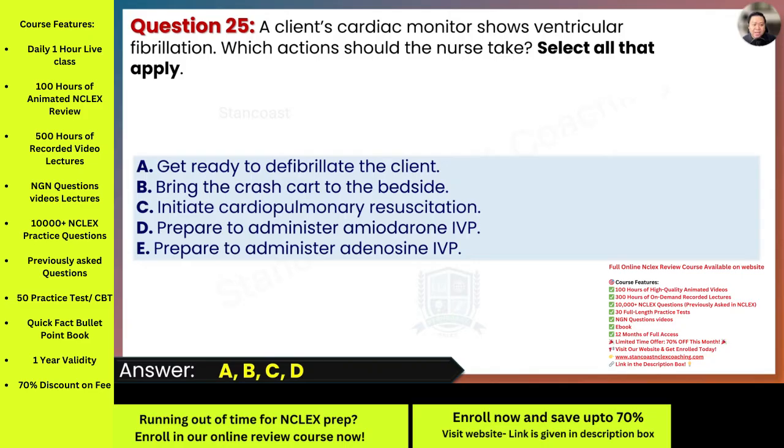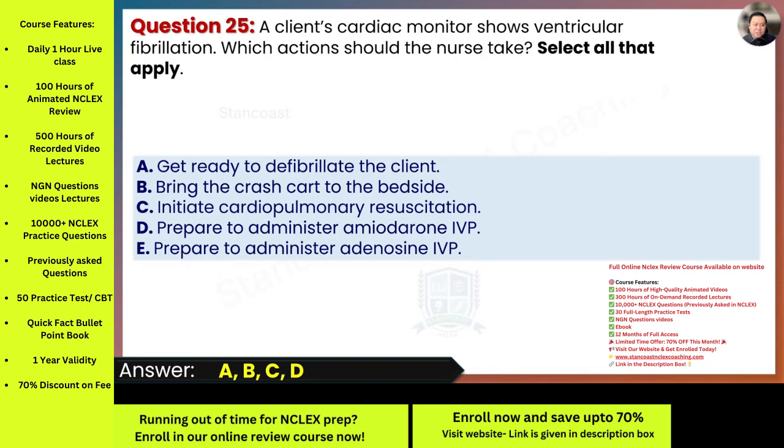Adenosine has no effect on ventricular fibrillation, which involves chaotic activity of the heart originating from the ventricles, not the atria. So giving adenosine in this situation would be ineffective and would just waste valuable time in treating a life-threatening rhythm.